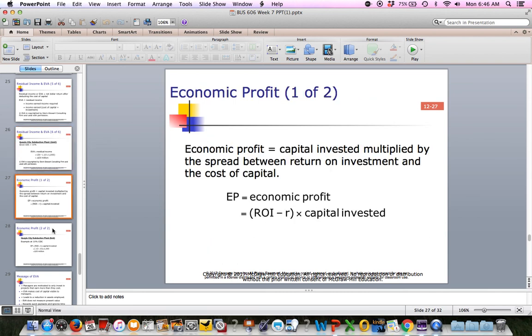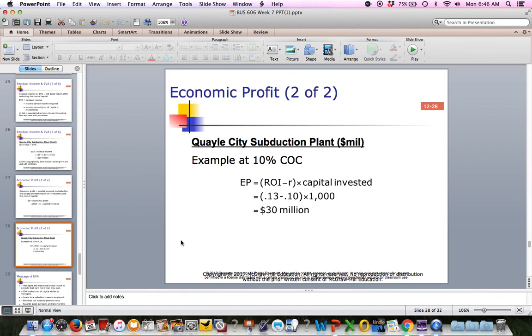My economic profit is my capital invested multiplied by the spread between return on investment and cost of capital. So EP is ROI minus the cost of capital times capital invested: 13% minus the 10% cost of capital times capital invested of $1 million, and I get 30 million.